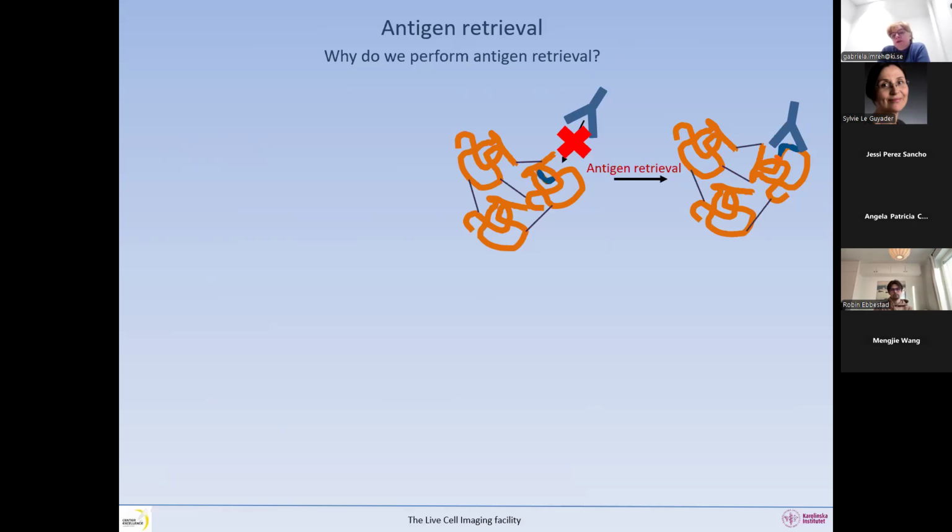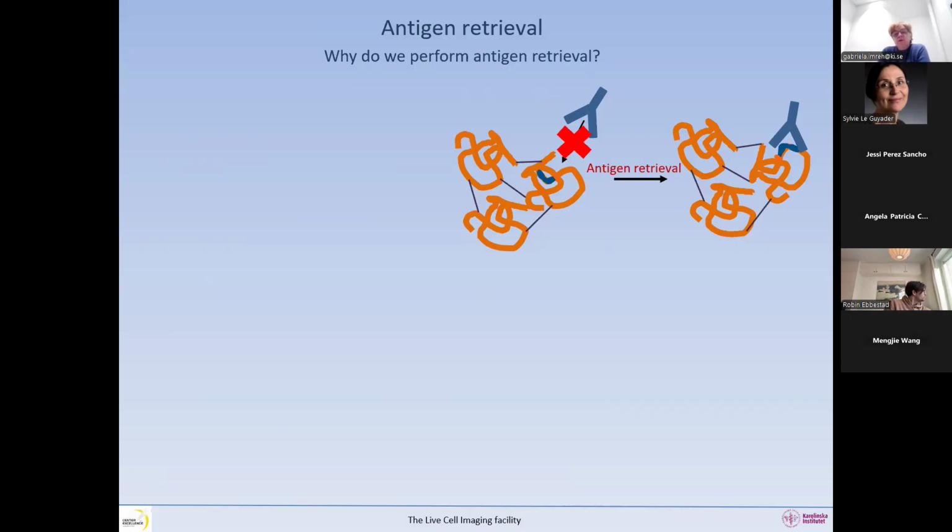So antigen retrieval is also part of the immunostaining, especially in paraffin-embedded sections or in cryosections when we are performing the fixation after we embed in OCT.